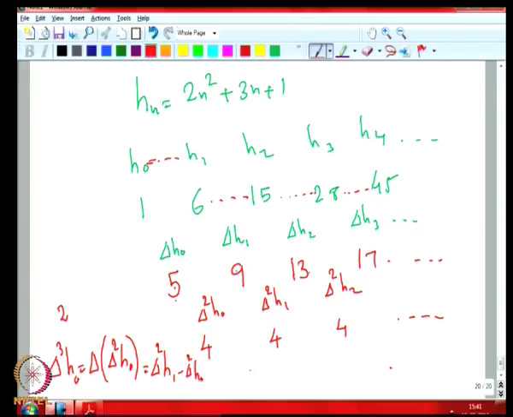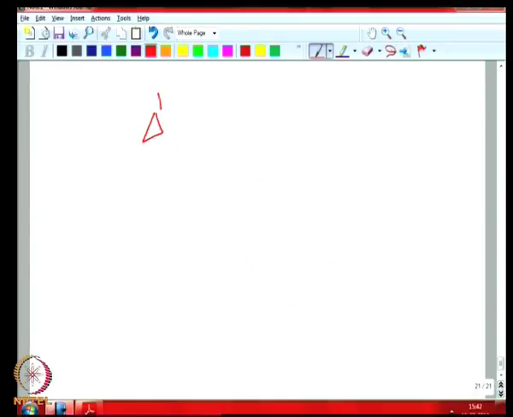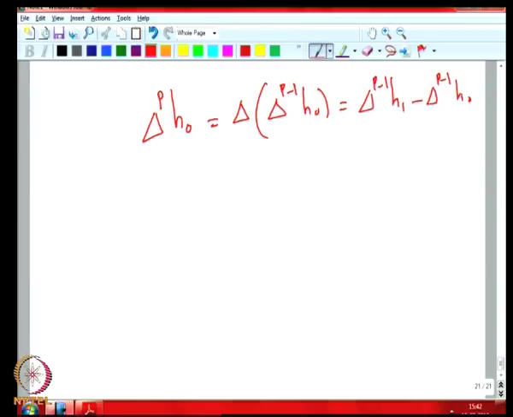Here 4 minus 4 is 0, this will be 0, this will be 0 and so on. Now in this way we can define the pth order difference sequence by defining delta p of h0 as delta of delta p minus 1 of h0, which is actually delta p minus 1 of h1 minus delta p minus 1 of h0, right.